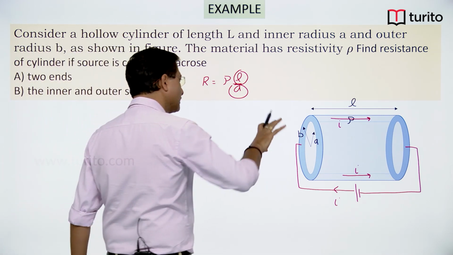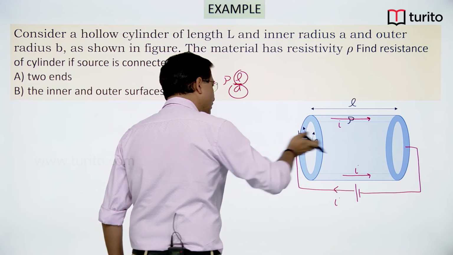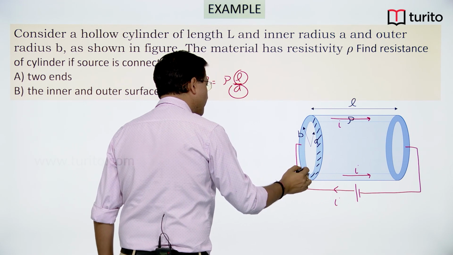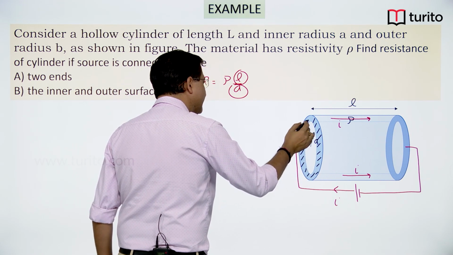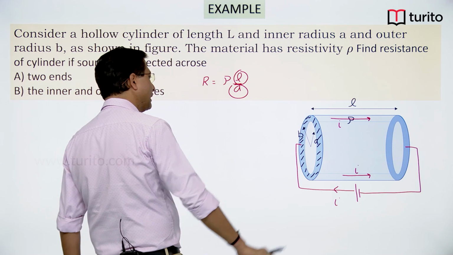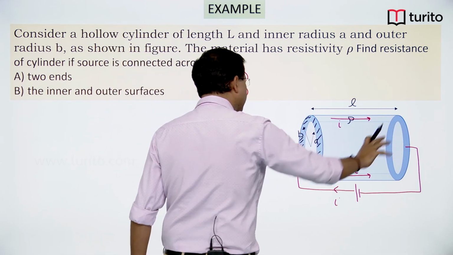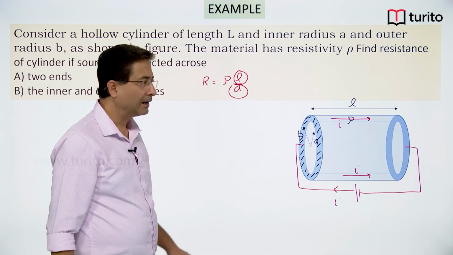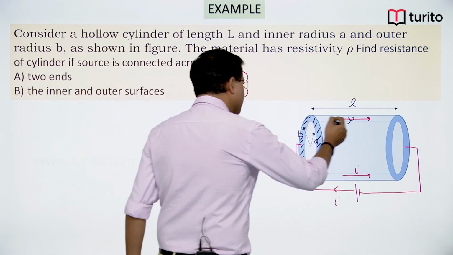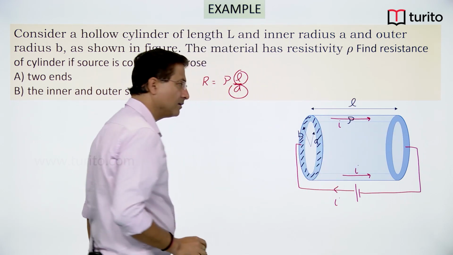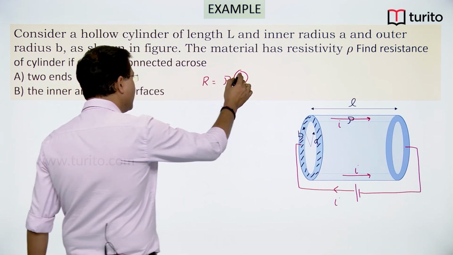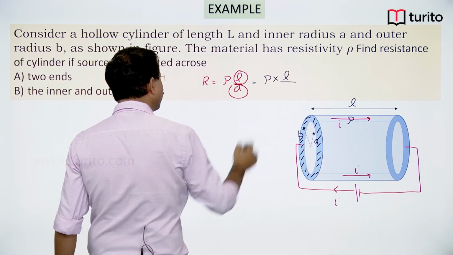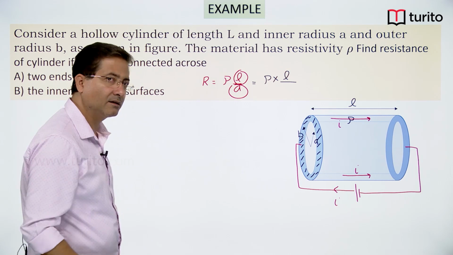So for this situation, the current is flowing this way, right, along the axis, and it is facing this area while entering into the conductor, and throughout the conductor the area current faces is this only, and the length current is flowing through is L. So here I can write R is rho into L divided by the area current faces.